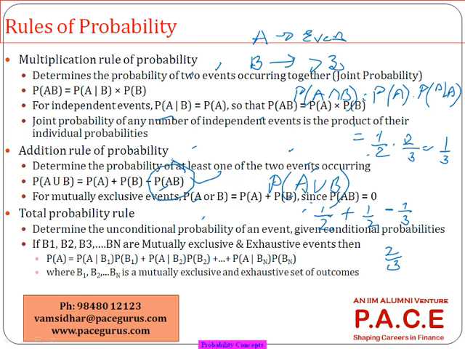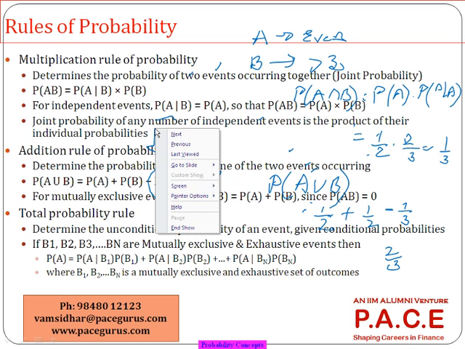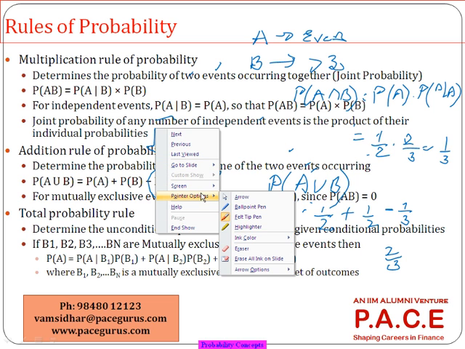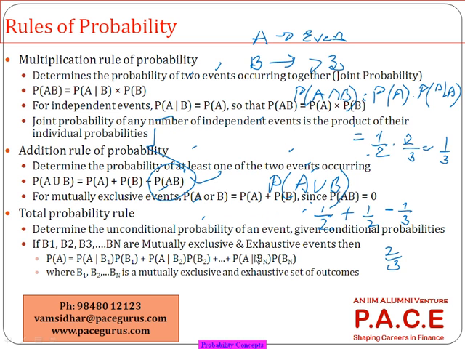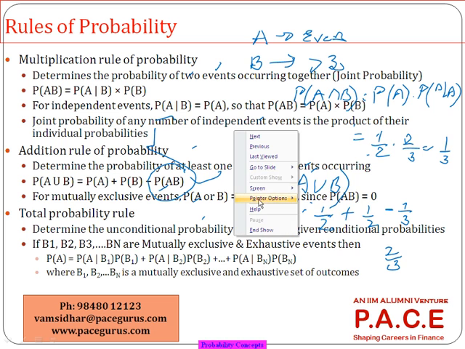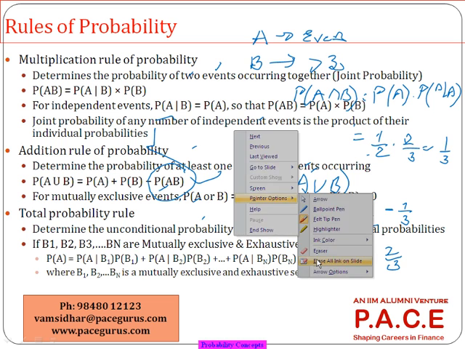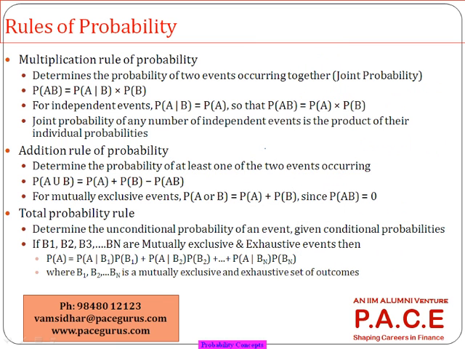But the most important rule for a lot of business decisions is the total probability rule. What it says is, if I consider some events, let's say B1, B2, B3, and so on up to Bn.